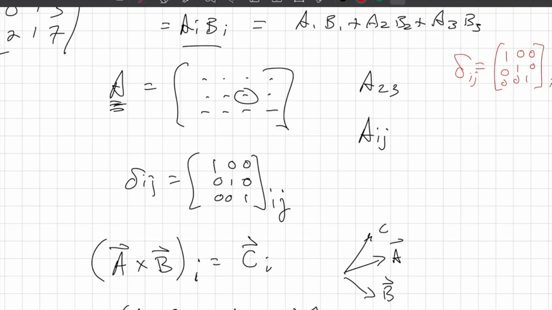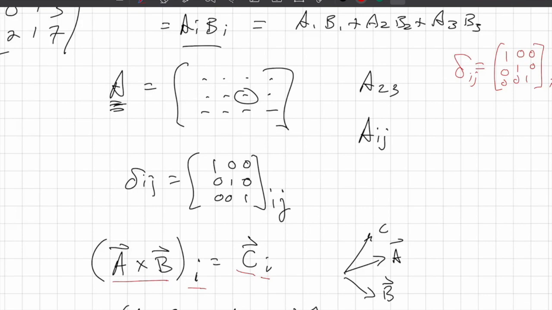Okay. So if we're now going to write out what A cross B is going to look like, we get A cross B, and we're now going to look at the ith component of it, which sometimes we write as a new vector C and the ith component there.